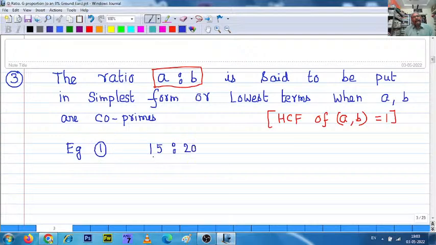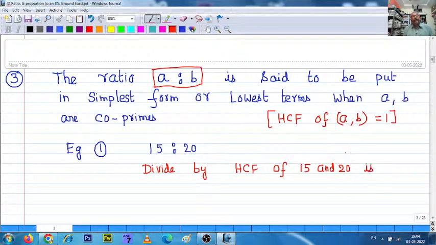Check whether 15 is to 20 is in simplest form or lowest terms. No, because it can still be divided further. Divide both sides by the HCF, highest common factor or GCD, of 15 and 20. What is the GCD of 15 and 20?